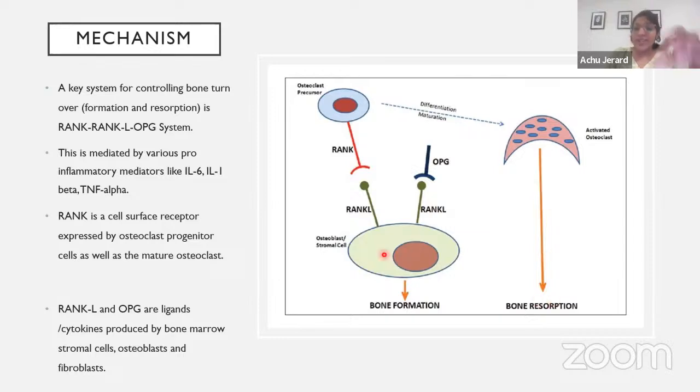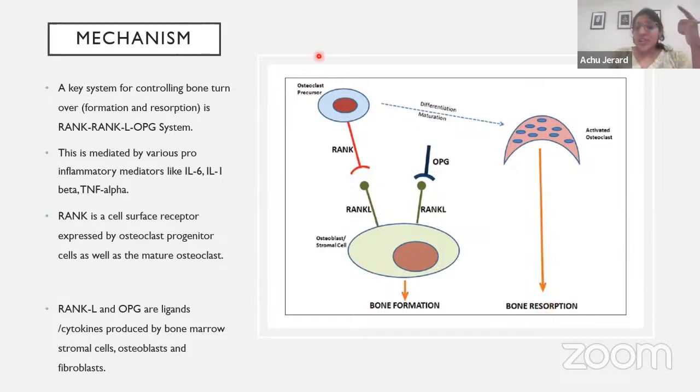So basically, RANKL on the osteoblast connects with the RANK on the osteoclast in presence of certain inflammatory mediators, which results in differentiation and maturation of osteoclast. And then finally it results in bone resorption. So that is what happens.